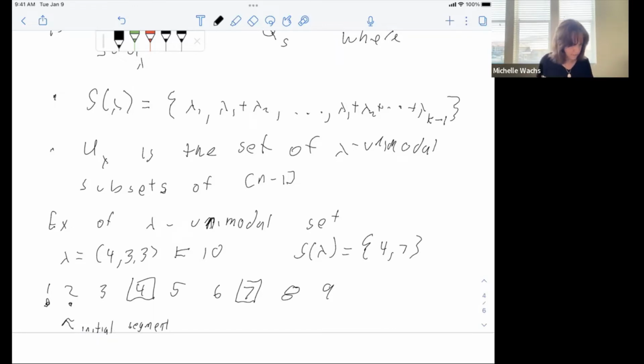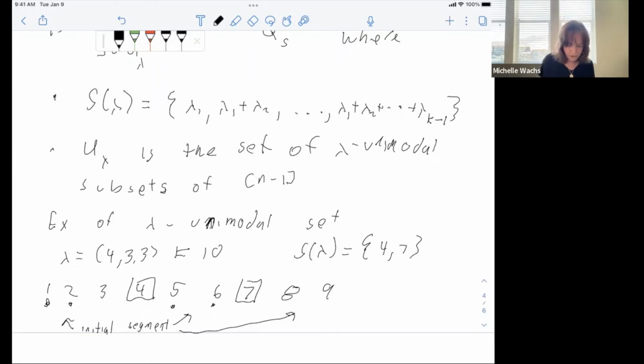And then I do the same here. This time I'll choose 5 and 6, an initial segment. Okay, and now I'll choose the empty set. Empty set counts as an initial segment. So I've chosen initial segments from that partitioned set, from each of those blocks.